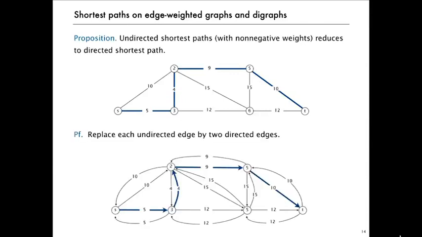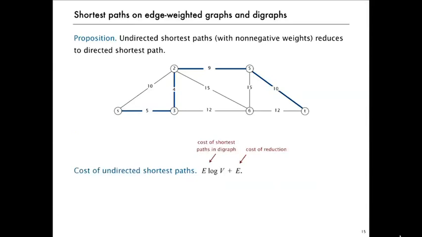Well, if we just replace each undirected edge by two directed edges, then the shortest path algorithm for digraphs works. In fact, with our graph representation, it's just running that algorithm because our undirected graphs are represented with edges going in both directions, so they're actually represented as digraphs. And again, what's the cost?